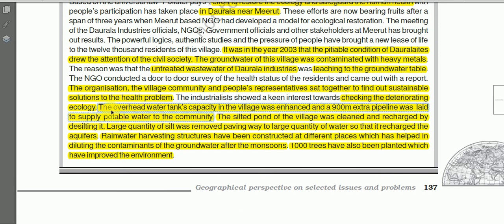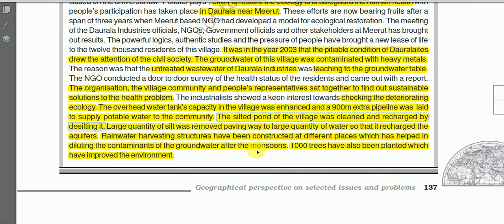Since the groundwater there is highly polluted due to heavy metals and cannot be used, they are laying pipelines to supply potable water from other places.